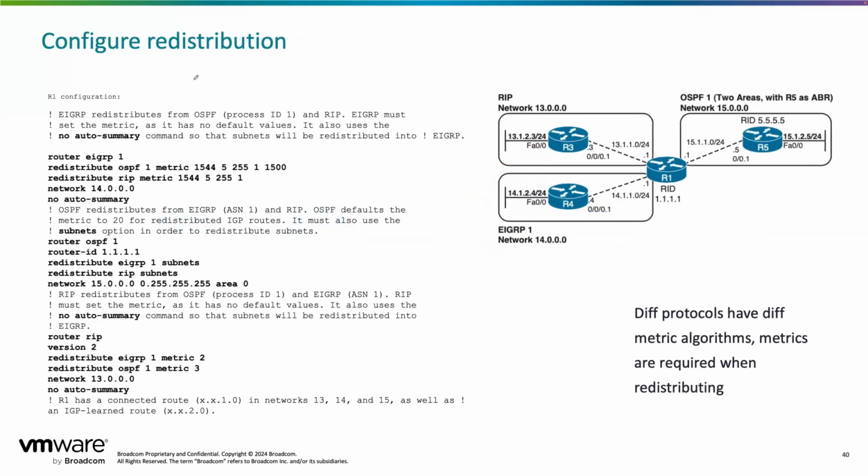When we talk about redistribution, we have to mention one thing. If you remember, every dynamic routing protocol has its own metric calculation formula. For example, EIGRP has a metric calculation based on a lot of factors: bandwidth, delay, reliability, MTU, or also workload.